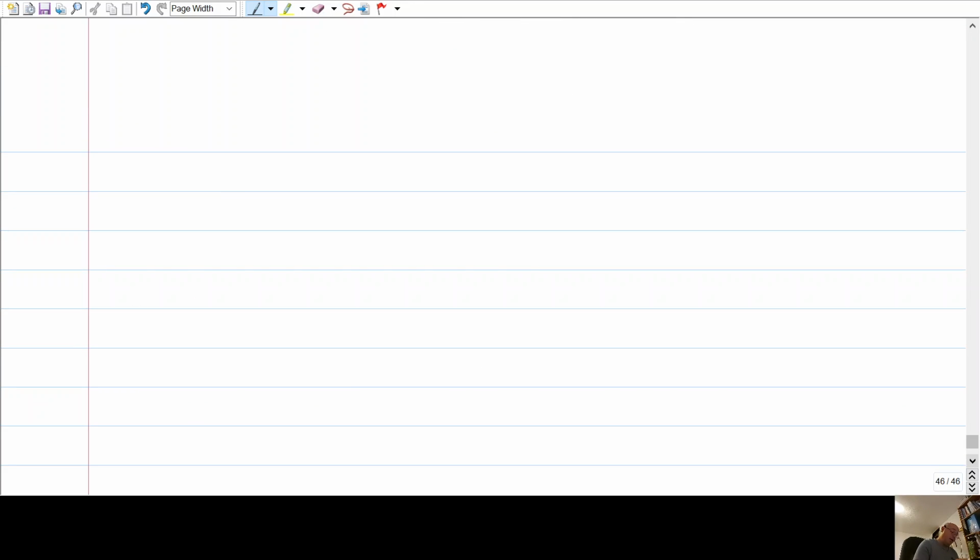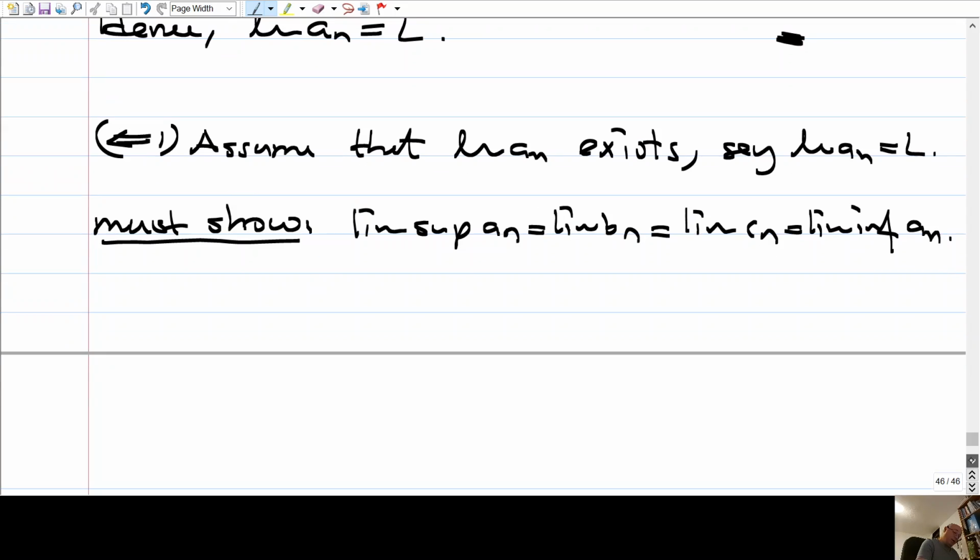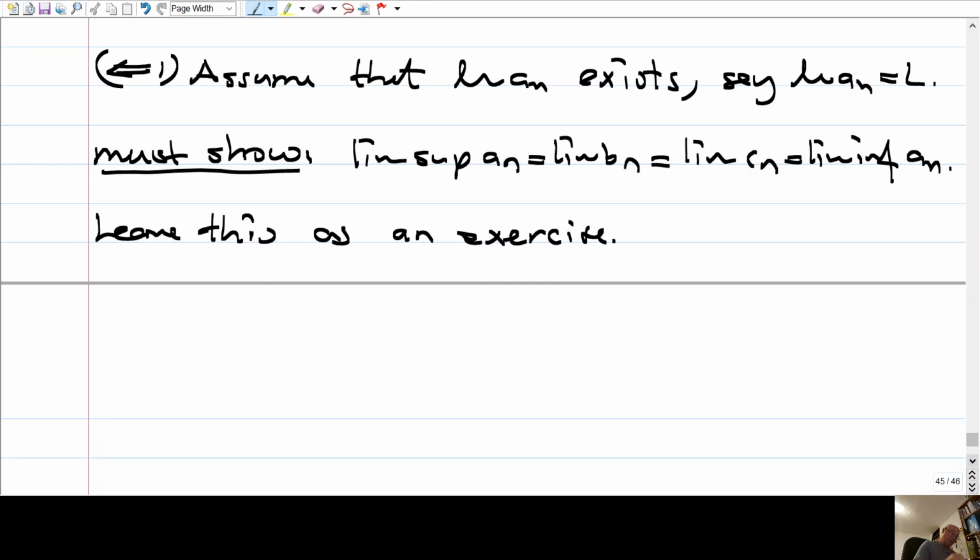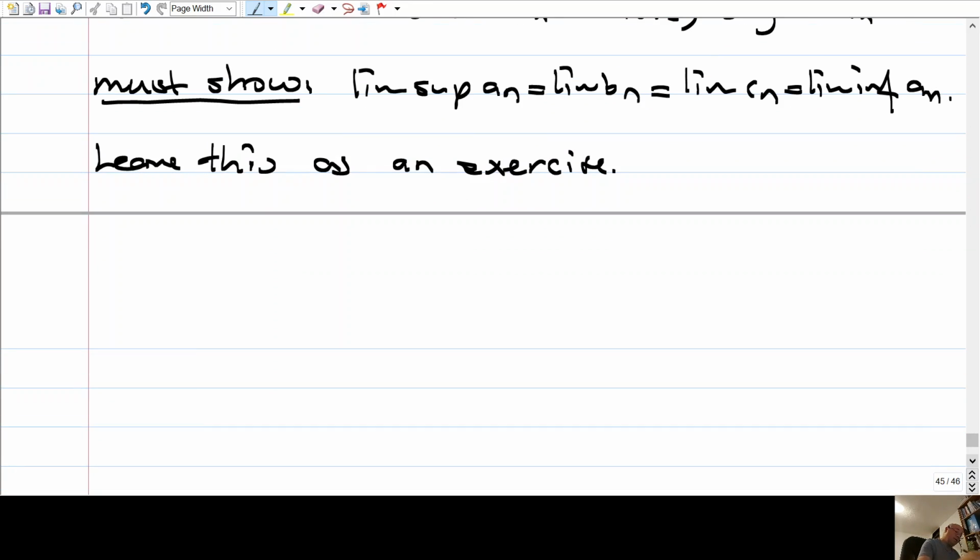Let me give you the idea, but I will not write down the proof. I will leave this as an exercise. But you know, the idea is simple. Here is L. I want to show that these limits exist.